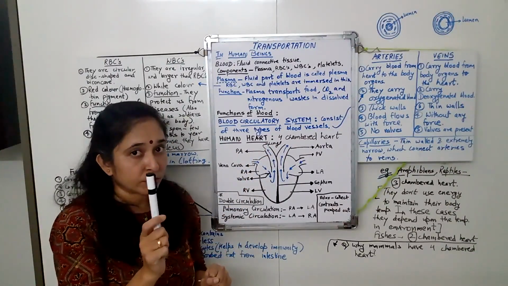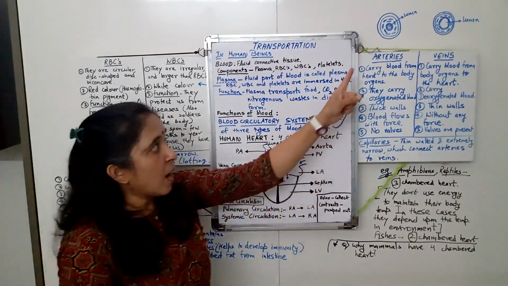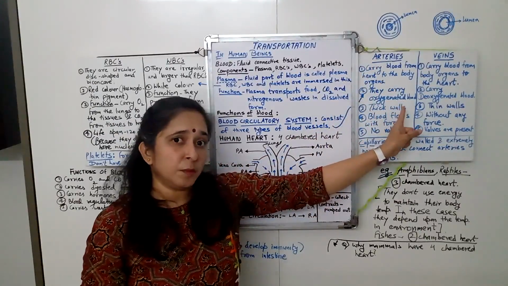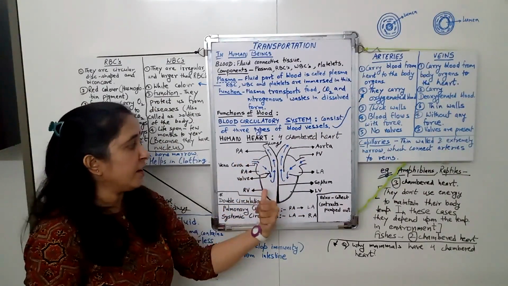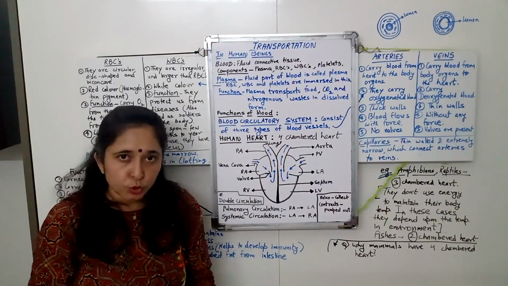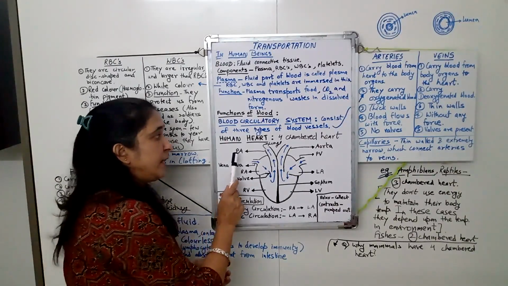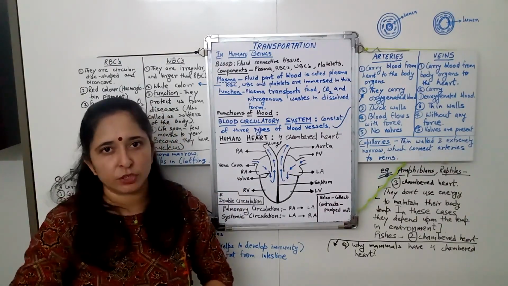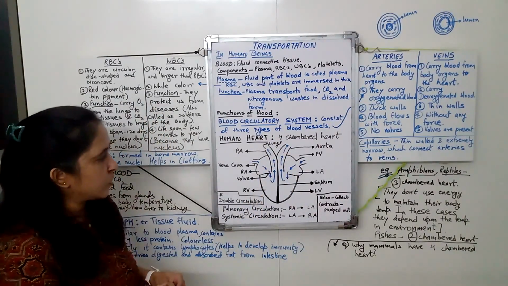See, now one question here you can ask. Ma'am, arteries carry oxygenated blood, you said. But here I am telling you that the pulmonary artery carries deoxygenated blood. That is the exception. Usually arteries carry oxygenated blood, but the pulmonary artery carries deoxygenated blood. Fine? Okay, now come back to the circulatory system.